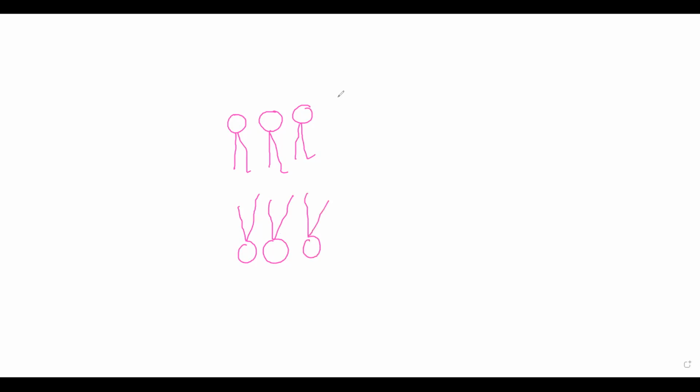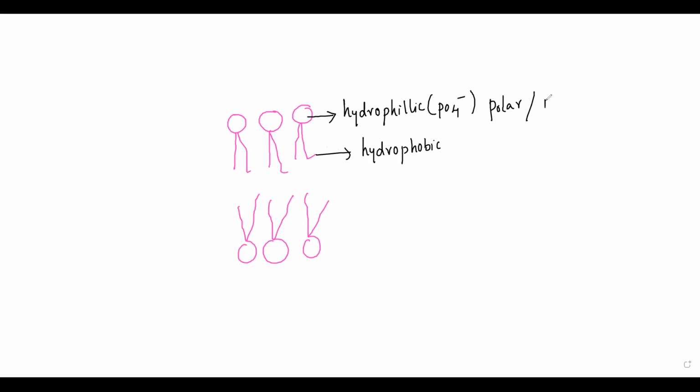The heads I'm talking about here are hydrophilic, and the tails are hydrophobic. The head comprises a phosphate, which gives it a charge and makes it polar, due to which only polar molecules can pass through it.